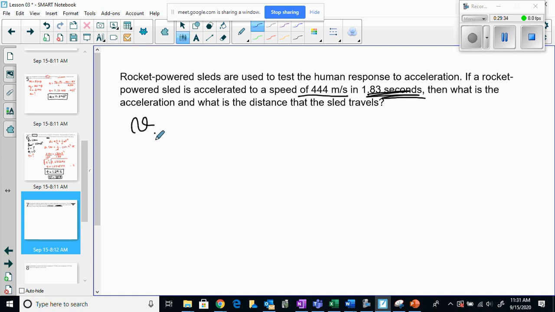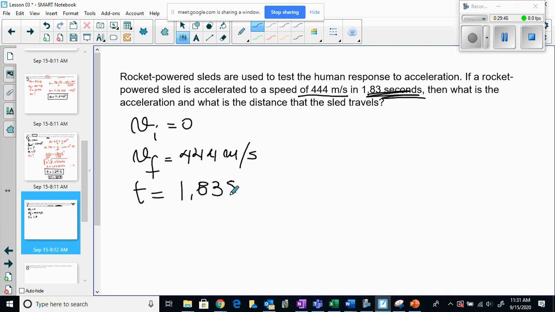So the initial velocity is equal to 0. The final is 444 meters per second. And the time is 1.83 seconds. What they are looking for is acceleration as A, and B is distance.